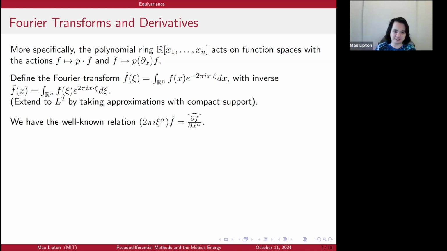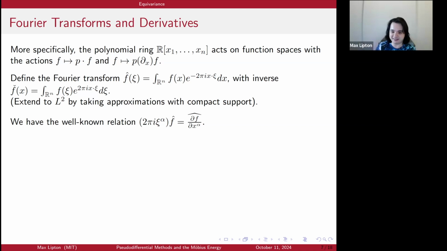So one of the most well-known relations of the Fourier transform is if we multiply the transform by a monomial in the ξ variable, the frequency variable, where alpha is some multi-index, then that's the equivalent of first taking the corresponding derivative before transforming and then transforming.